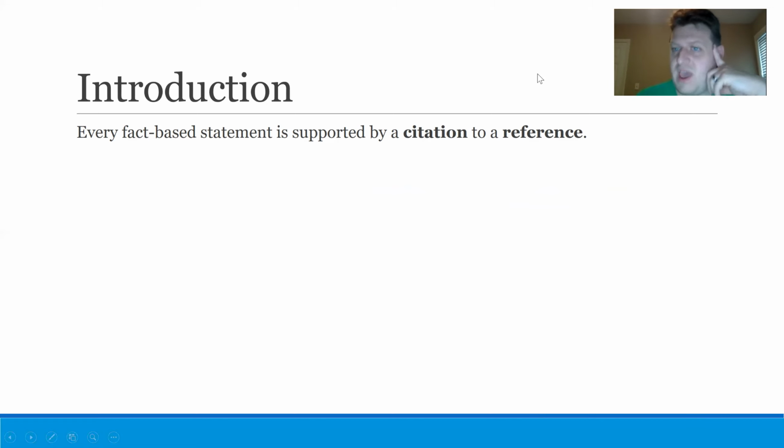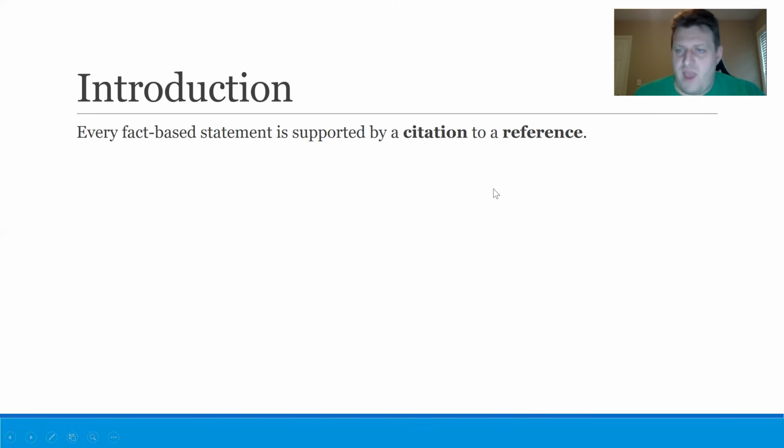The reference section includes a full citation or a full description of the reference. So the comparison here is a citation is abbreviated. You see that in the body of the paper. The reference is the full amount of information, and you see it at the end of the paper.